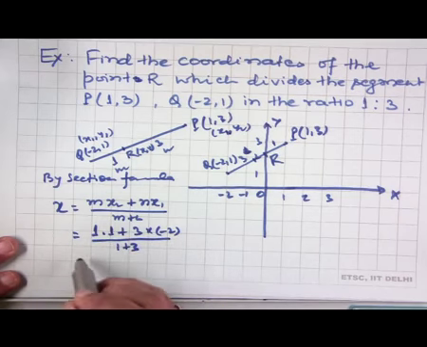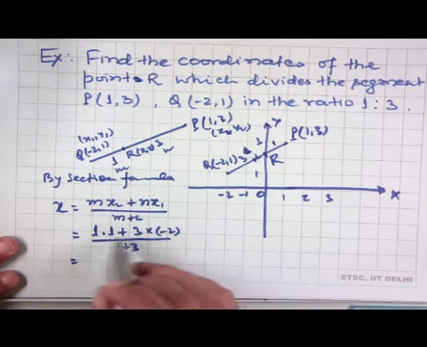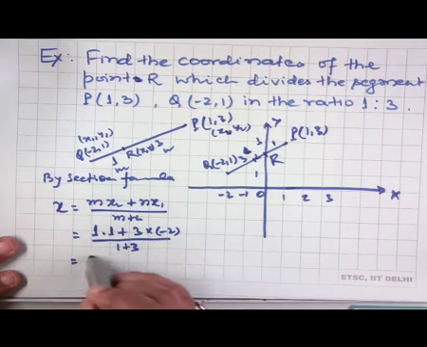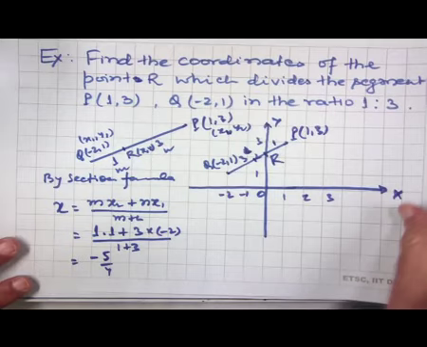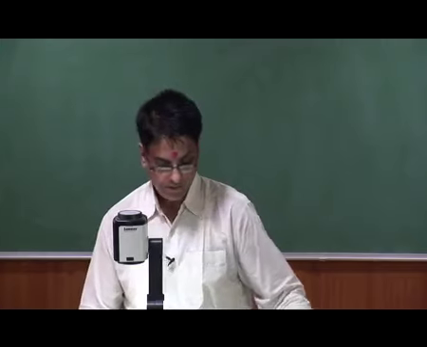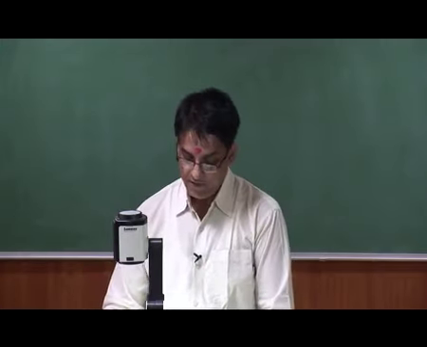So this is equal to minus 2 plus 3... so minus 5 by 4.